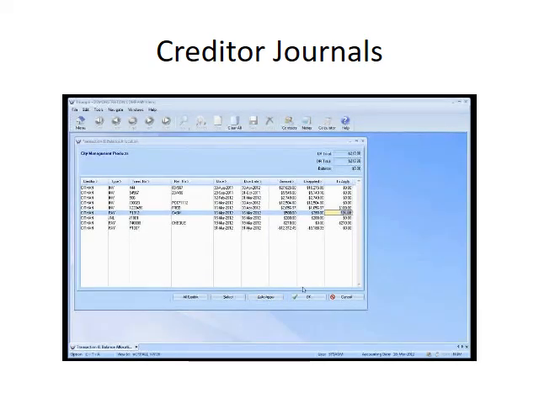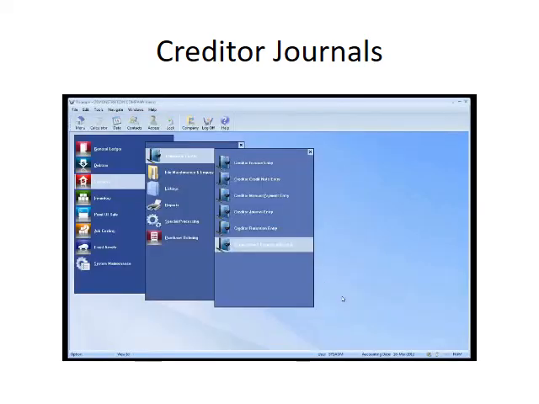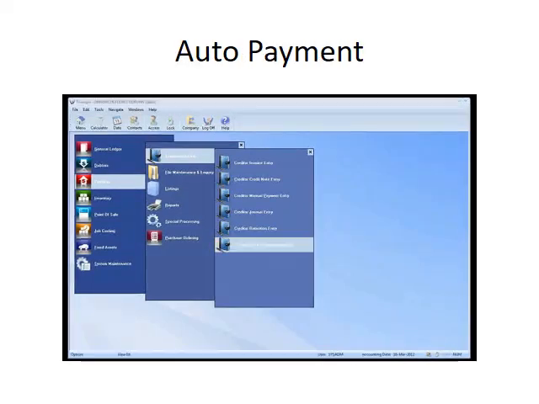So it allocates it out for me. And this is where, if you've previously been through the Creditors Master, you can see we can unallocate transactions, and then we can reallocate with this function. That essentially completes all our basic transactions.